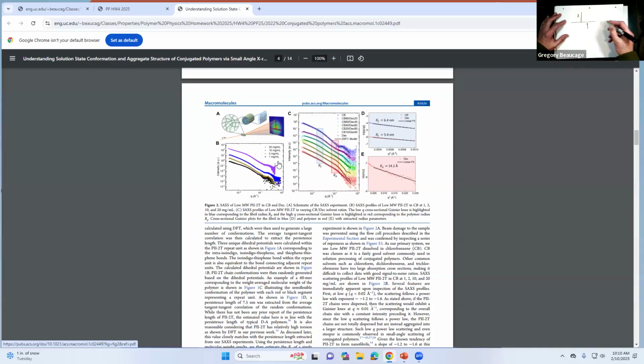So you're shooting radiation through something and you're going to get some pattern out of it.